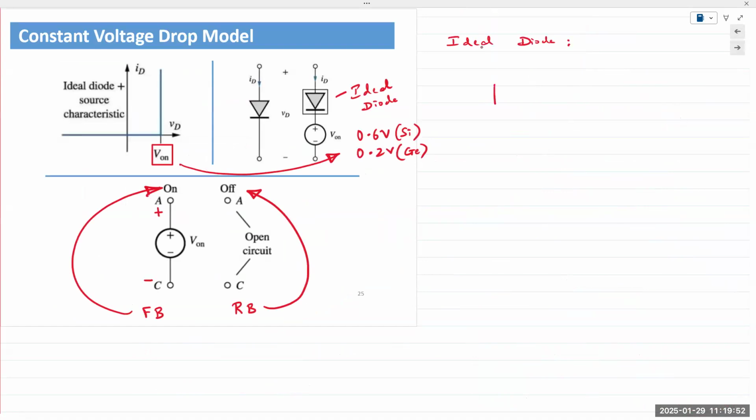I would simply make an assumption. Because I have 10 volts applied here, a 10 kilo ohm resistor, and my anode is connected toward the positive end of the voltage supply, logically my guess would be that the diode is forward bias and hence on. In the ideal diode model, we would replace the diode with a short circuit wire.